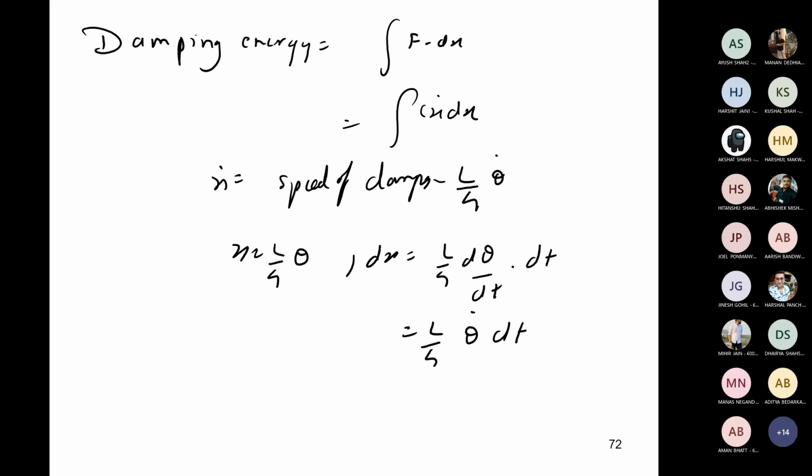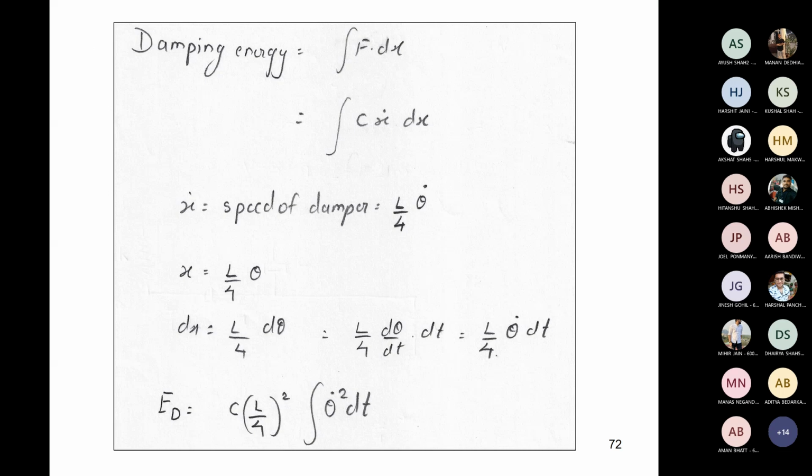So substitute the dx in this equation and substitute the values of all the x dot in the equation, and I get the energy as C into L by 4 square into theta dot square dt. All right. Is that okay? So x dot goes over here, dx goes over here. So L by 4 into L by 4, L by 4 square, theta dot into theta dot square into dt.